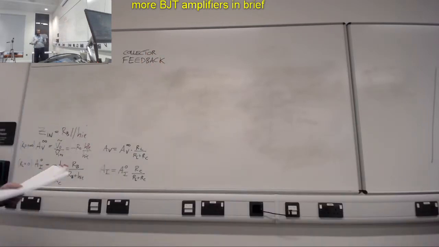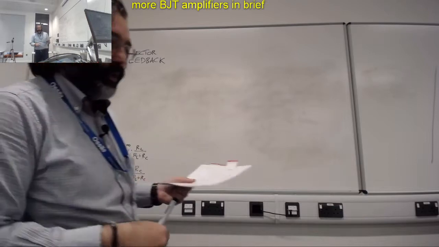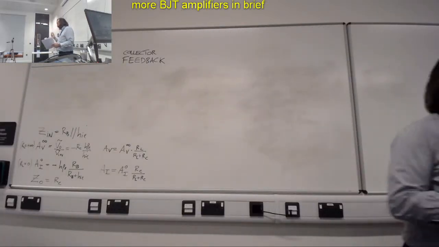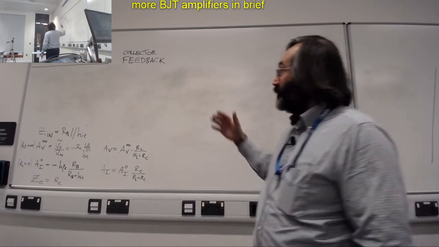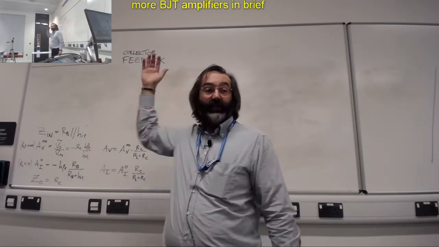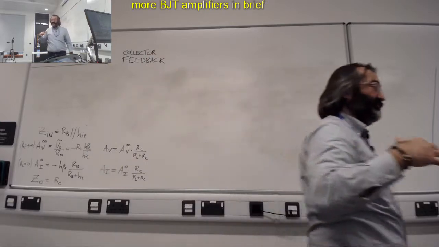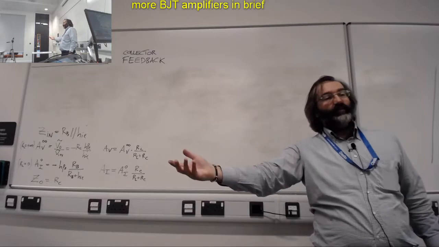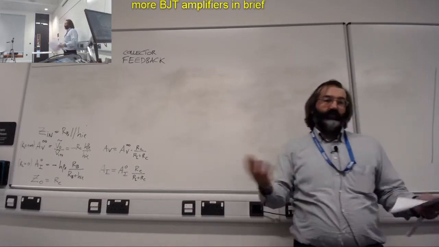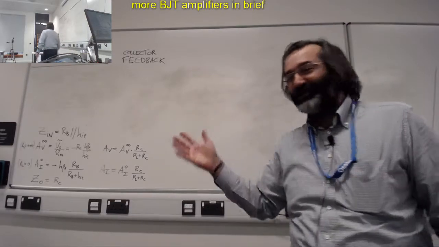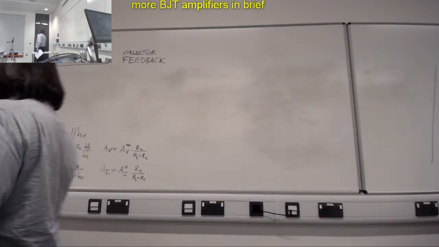When I was designing this course, initially I was thinking to do at the very end also feedback, which would basically be the beginning of then talking about operational amplifiers, but obviously I then decided very wisely to remove that because it would have been too much.